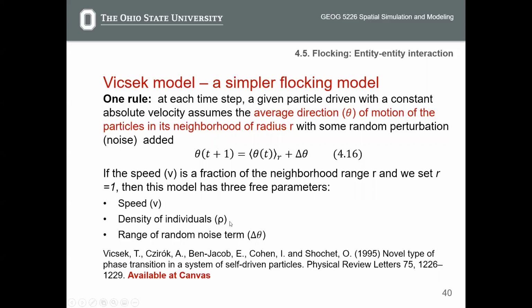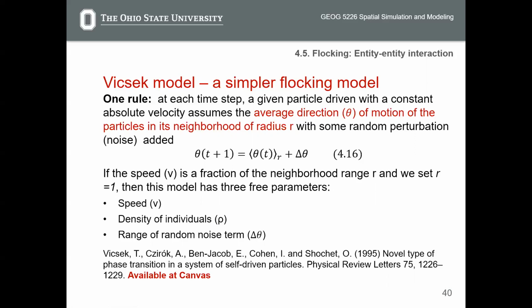Density of individuals, density of birds, changes when this flock is moving from one location to another. Sometimes it will be larger, sometimes smaller. Maybe in bad weather, in the rain, these birds tend to get closer to each other to make sure that the influence from the wind and the rain is minimized.